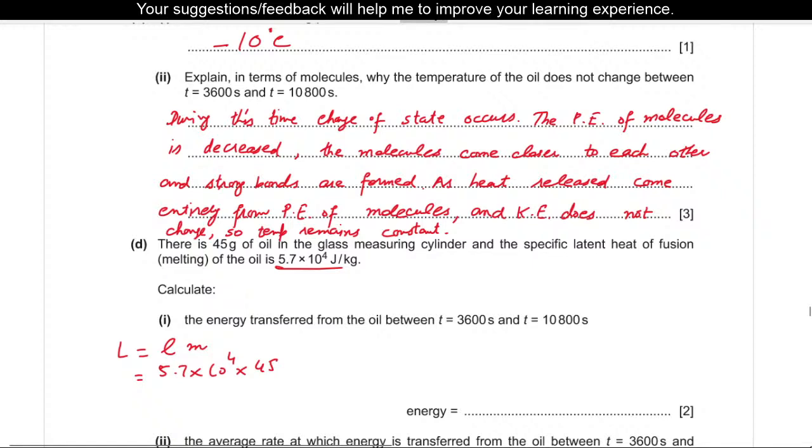Now here the mass is in gram, so we have to convert it into kilogram. So यहाँ पर हम क्या करेंगे, we will divide it by 1000, and if we calculate it, it comes out to be 2565 joule.